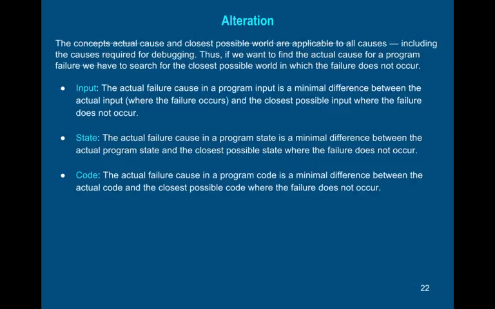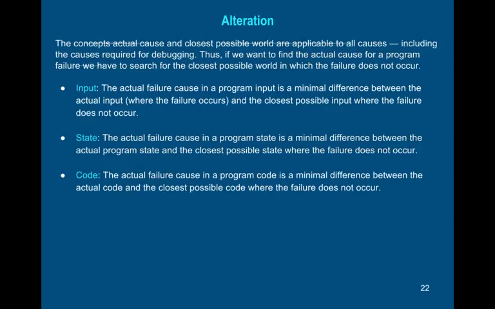Alteration. The concepts of actual cause and closest possible world are applicable to all causes, including the causes required for debugging. So if we want to find the actual cause for a program failure, we have to search for the closest possible world in which the failure does not occur.